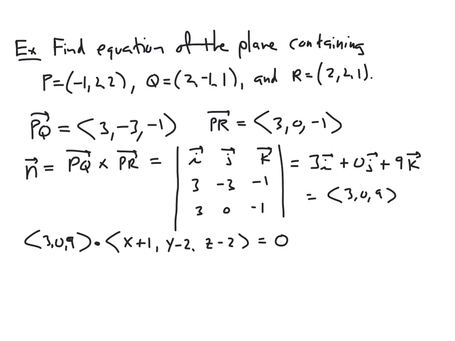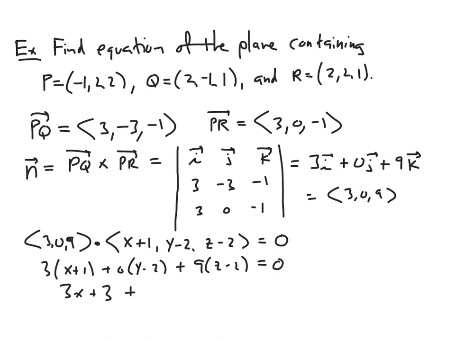And so we multiply this out, so we have 3 times x plus 1 plus 0 times y minus 2. Obviously that term will disappear. Plus 9 times z minus 2 equals 0. And so when we work this out, we get 3x plus 3 plus 9z minus 18.